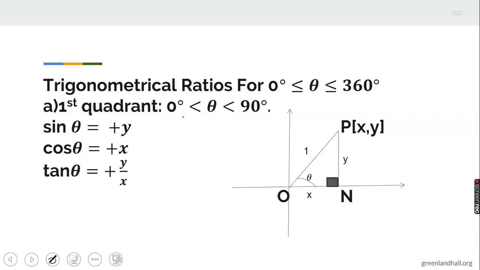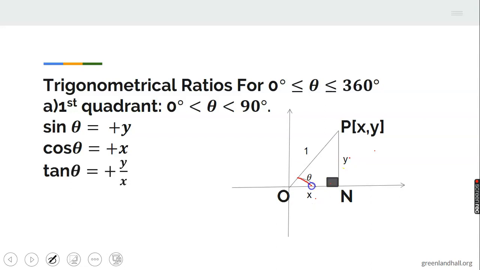Then we want to treat each quadrant now to know which one is positive of the 3: sine, cosine, and tangent. This is the first quadrant, if you remember, when I introduced it to you. We bring out a right angle triangle. This is our y, this is our x.